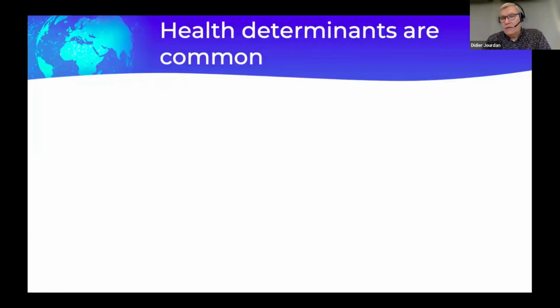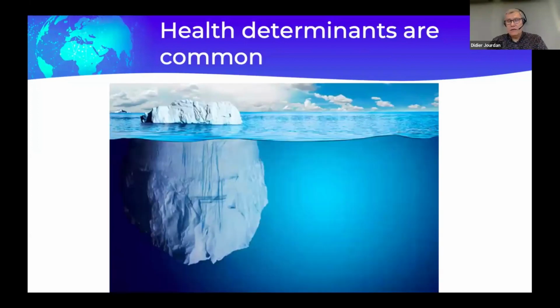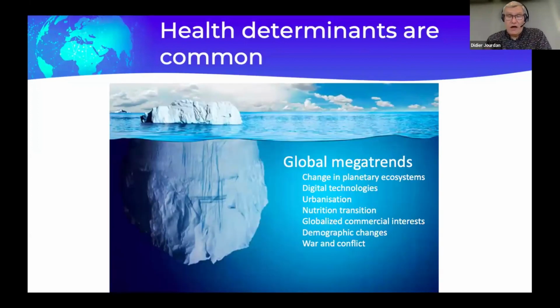And it is true that now most of the determinants of health are common to all of us, from east to west, from north to south. So adopting a global perspective when we think about health education and health promotion in schools is absolutely critical and needed for the next years.